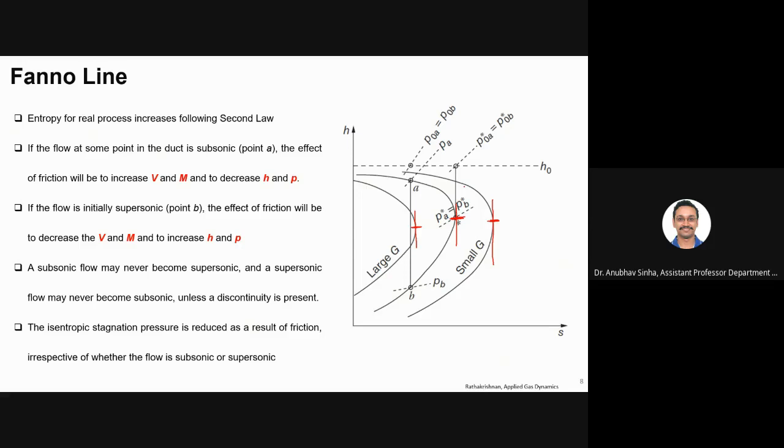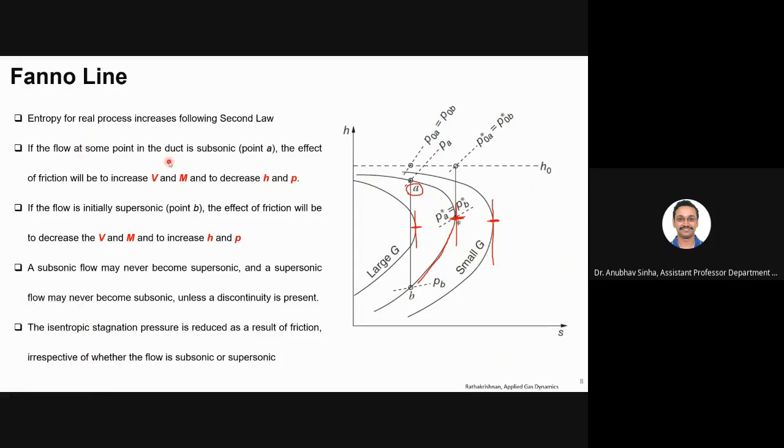So for this side, let us say this is A. For this part of the curve, the flow is subsonic, and for this part of the curve, the flow is supersonic. Now let us look at what will happen. So let me get a pointer here. Let us say you have a duct.